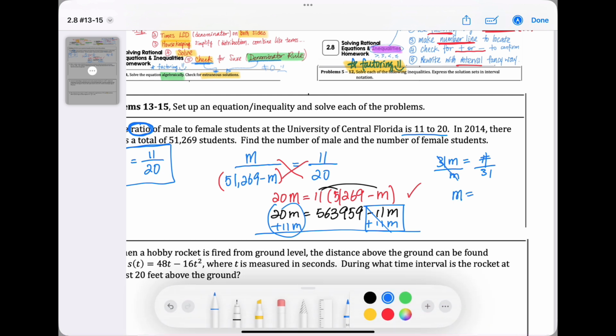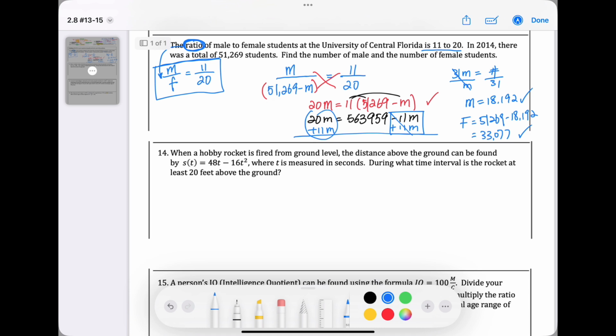By our fancy calculator, I got 18,192 male students. So the female is equal to, as we mentioned, the total, 51,269, minus the male students. By my good calculation, about 33,077. Good.